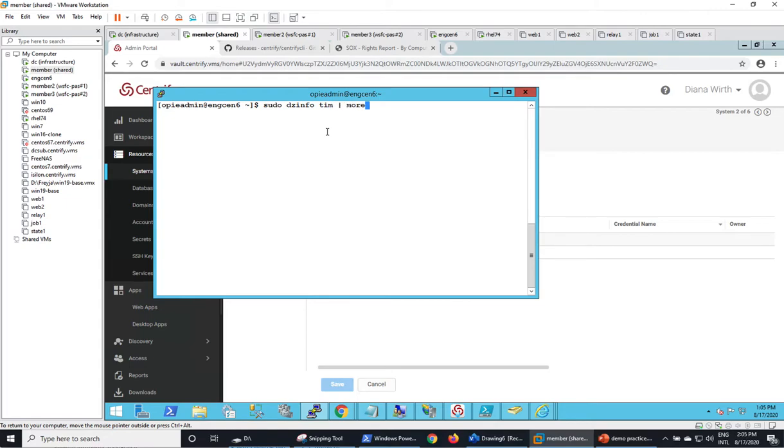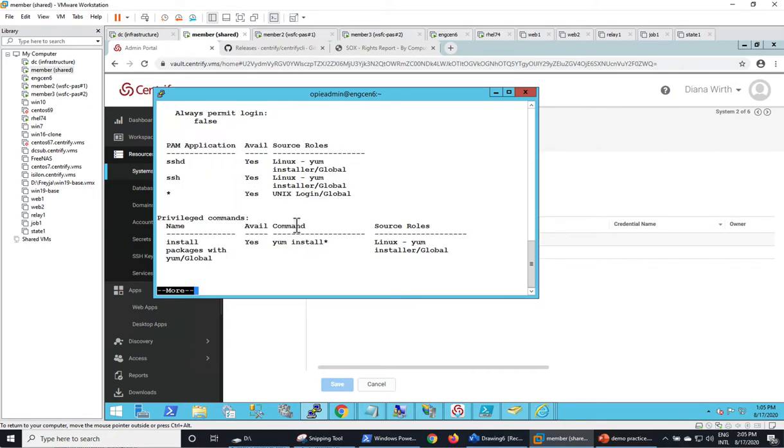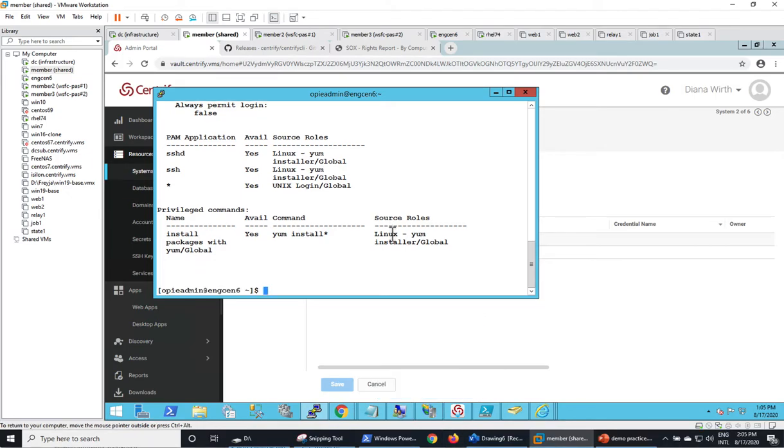I'm going to pipe to more so you can see the whole screen. And notice that I can see Tim's assignments not only on the Unix side, but also across anything that is overridden in this machine. And I can see how he can log into a system and what commands he's allowed to do with Centrify enhanced sudo.